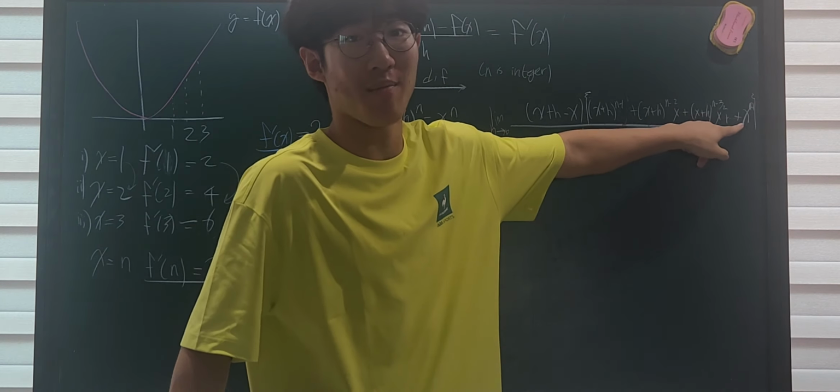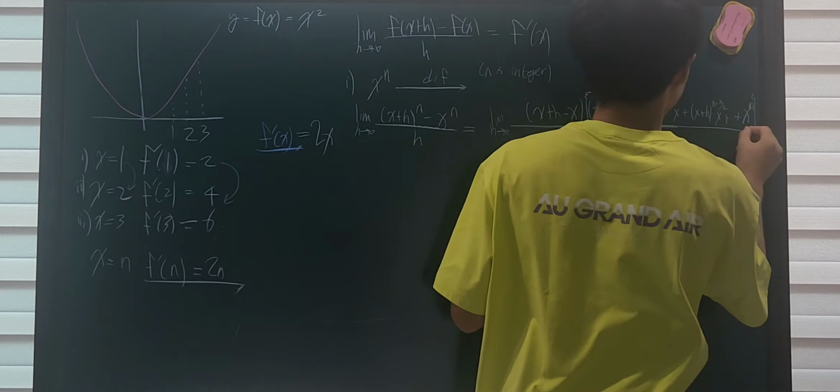So this is x to the power of n minus 1. I'm sorry for the messiness.